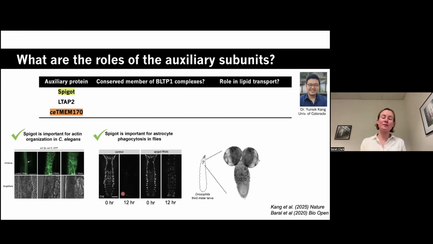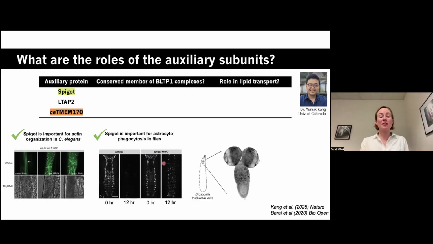And then those neurons have to be cleaned up by astrocytes, that neuronal debris of the dead neurons and synapses and whatnot. And under normal conditions in a control, after 12 hours, all of those debris are completely cleaned up by astrocytes. The astrocytes engulf all of these different debris, which is a phagocytic process.